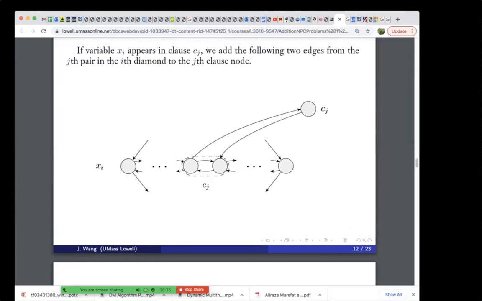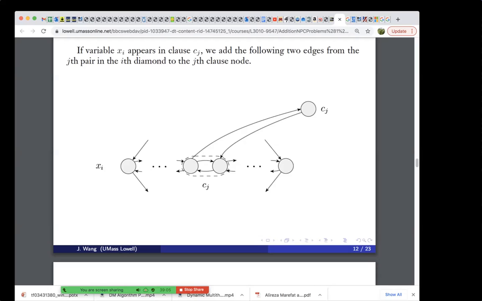And now remember here we have C1 up to CK, and we look at the pair of nodes in this diamond that represents Cj. And if xi is in Cj, so Cj has 3 literals, and if it contains the original variable form, then for that pair of nodes you make this connection.